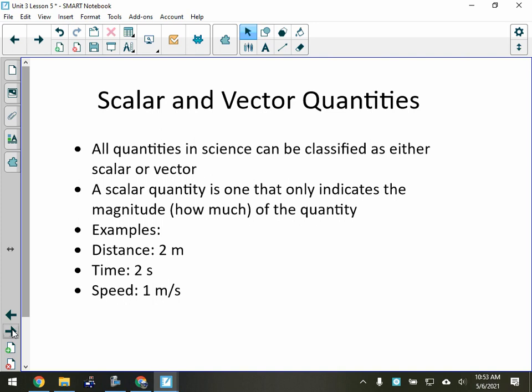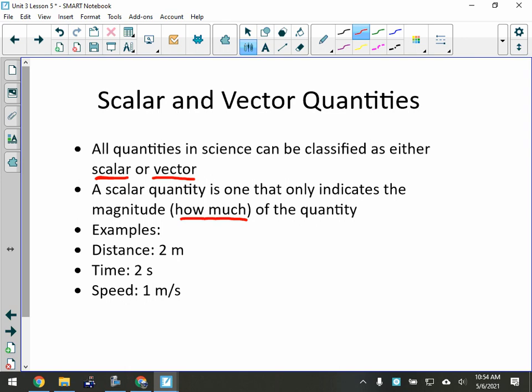So it says here, scalar and vector quantities. All quantities in science can be classified as either a scalar or a vector. Those are two terms we should be familiar with by the end of today. A scalar quantity is one that only indicates the magnitude, which is a fancy word for saying how much of the quantity.